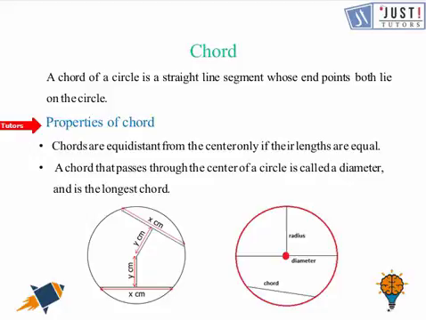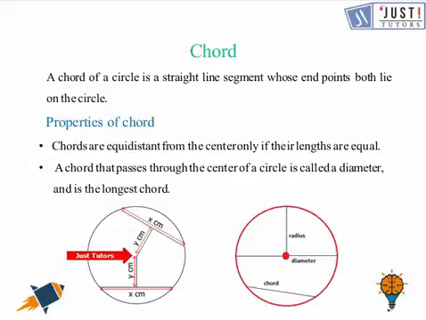Now, two properties that we can discuss about chords. First, chords are equidistant from the center only if their lengths are equal. For example, these two chords are of length x centimeters. Because they are both of the same length, they'll be equidistant from the center.